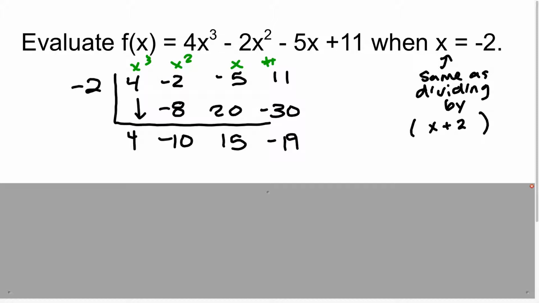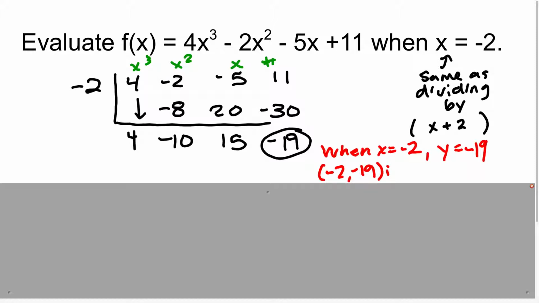So what we're saying right here, circle that one right there, is when x equals -2, y equals the remainder, -19. That would also mean for us that -2, -19 is a point on the graph.